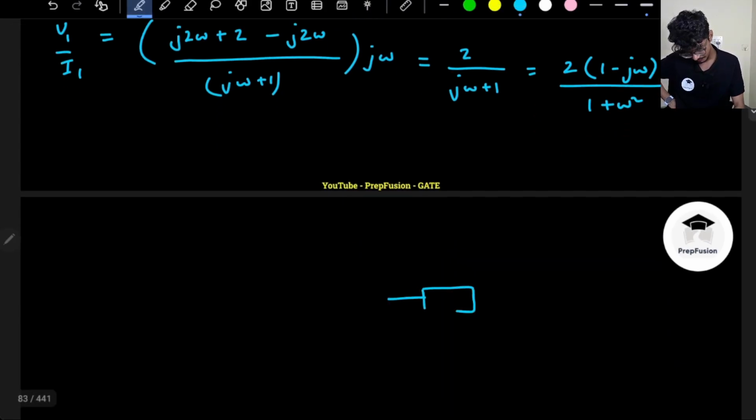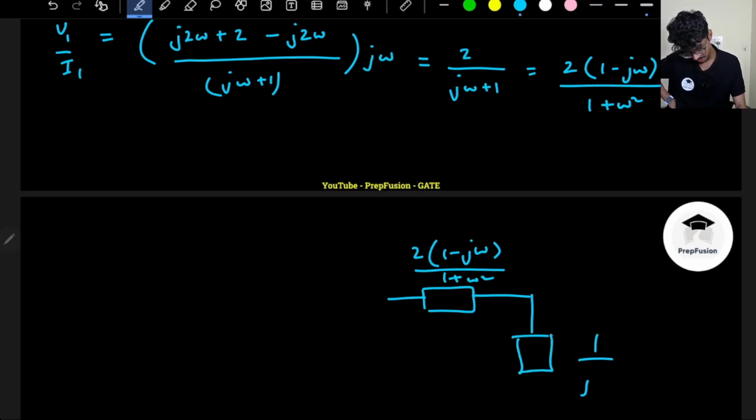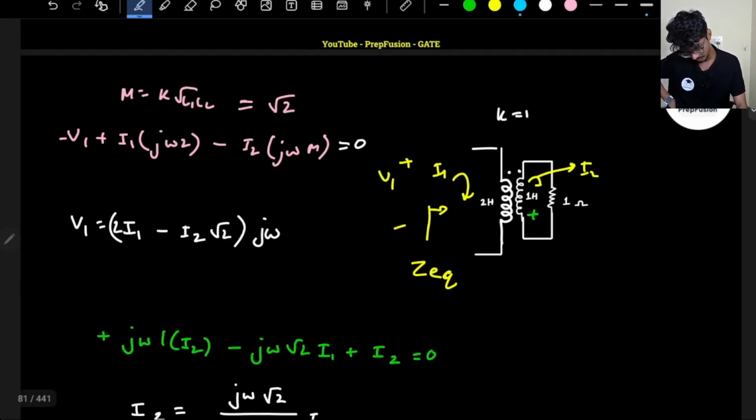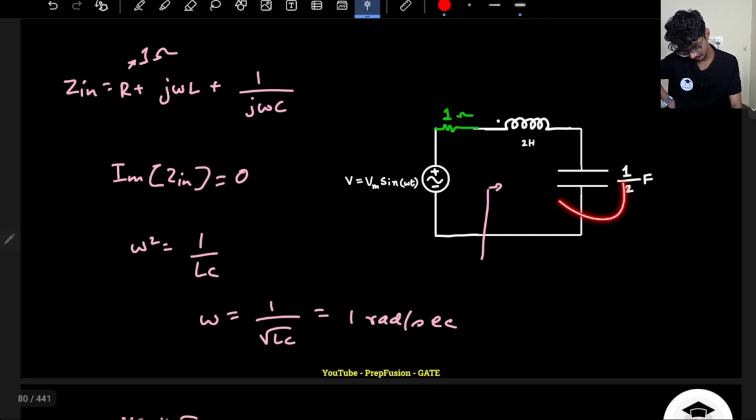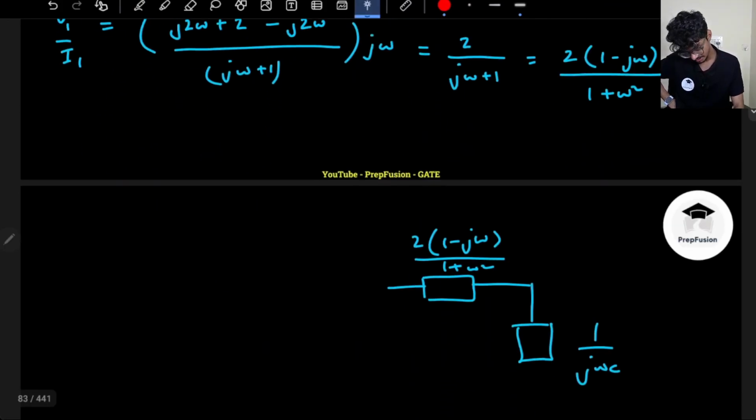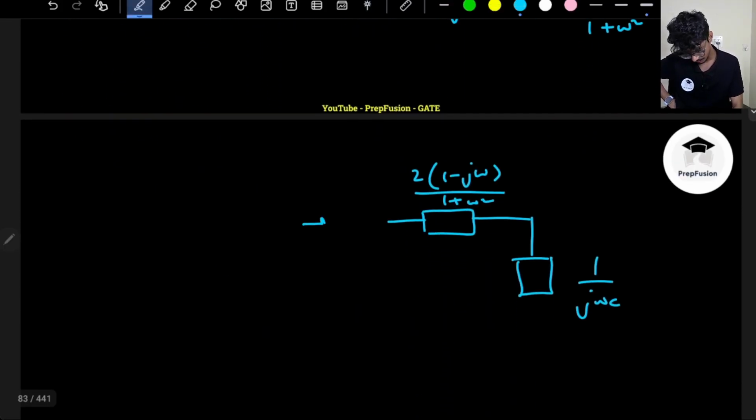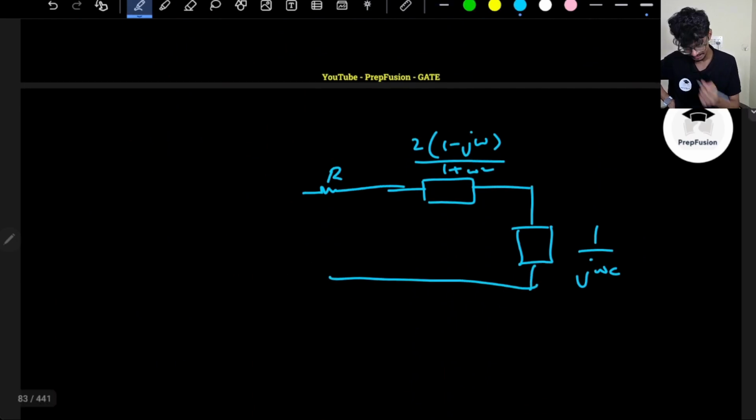I have an impedance here like this, 1 minus j omega divided by 1 plus omega square, and here I have an impedance 1 by j omega c. This was capacitive, if you remember, on the secondary. Here I have a resistor as well, some r. Because I designed the question, it went wrong, but I have to make the imaginary portion of the impedance 0.